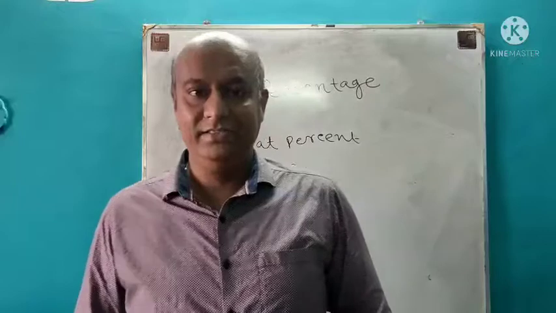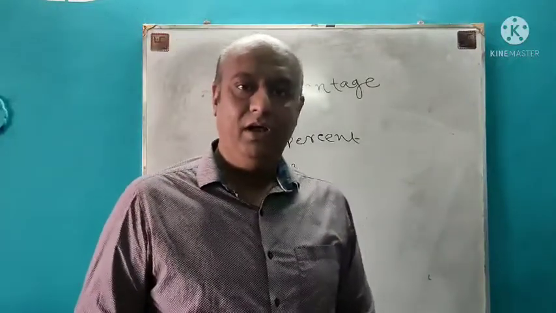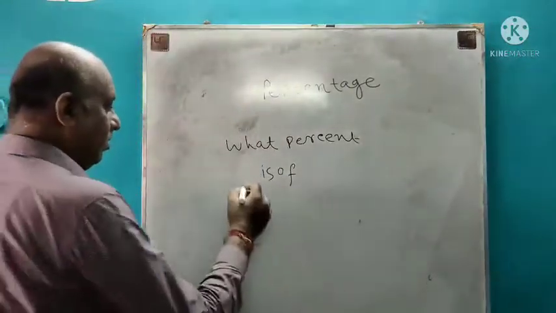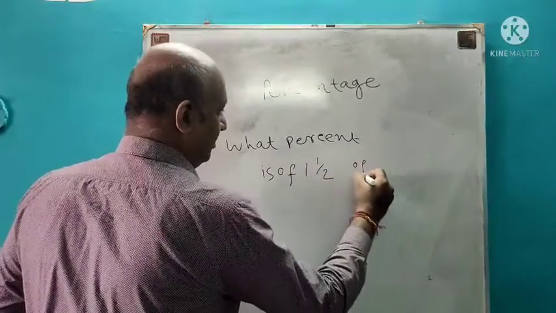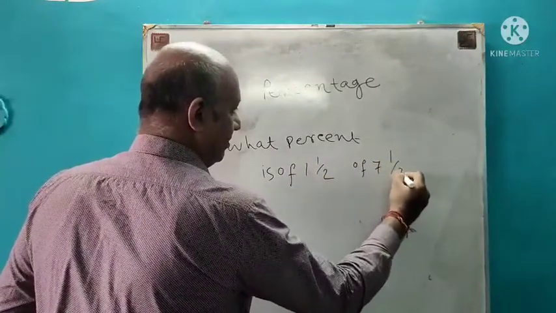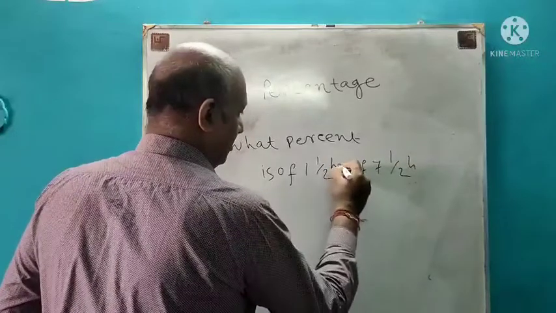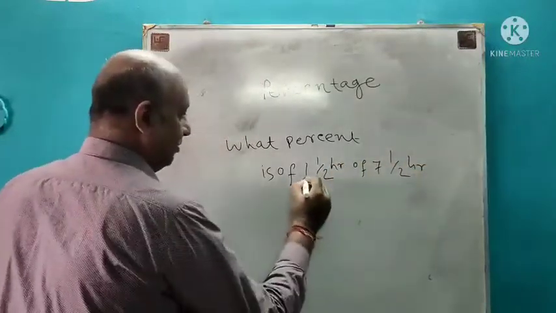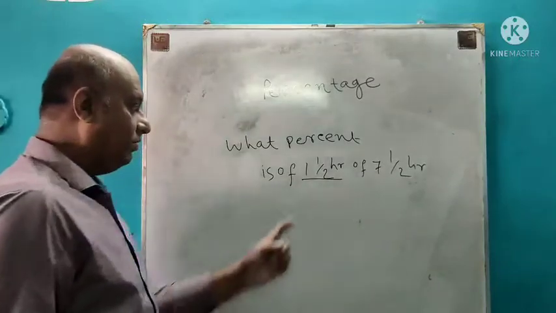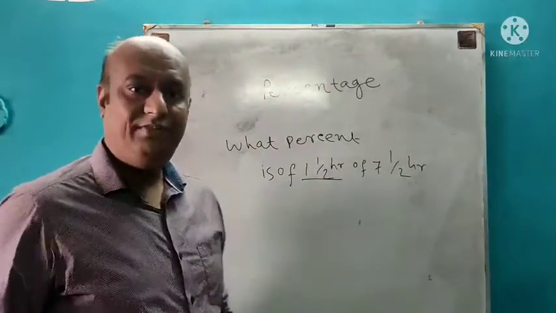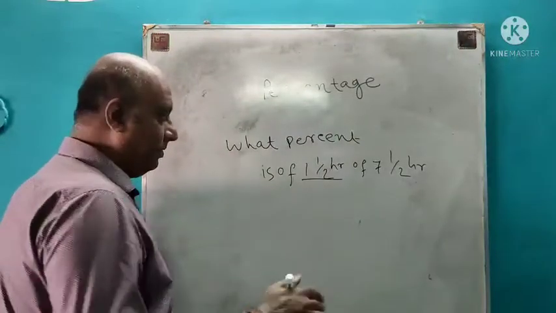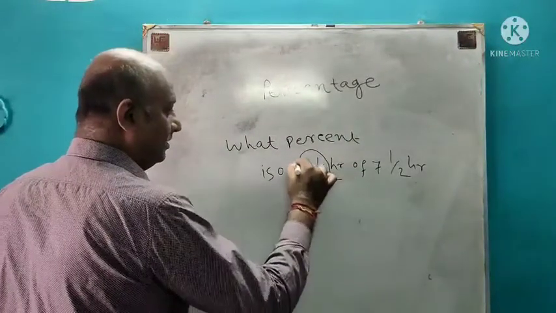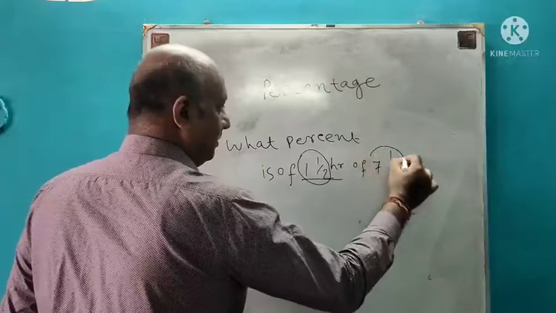Let's take another example. We have to calculate how much percentage is 1.5 hour of 7.5 hour. So we have to calculate what is the percentage of 1.5 hour of 7.5 hour. In the same way that we did in the last example, we have to calculate the percentage of this with respect to this.